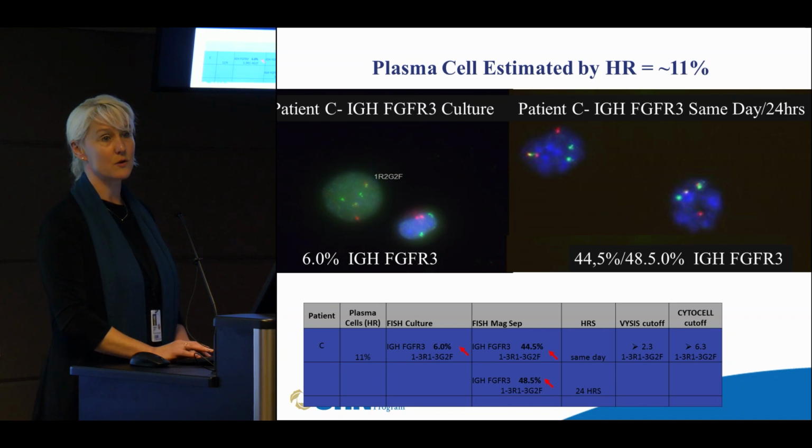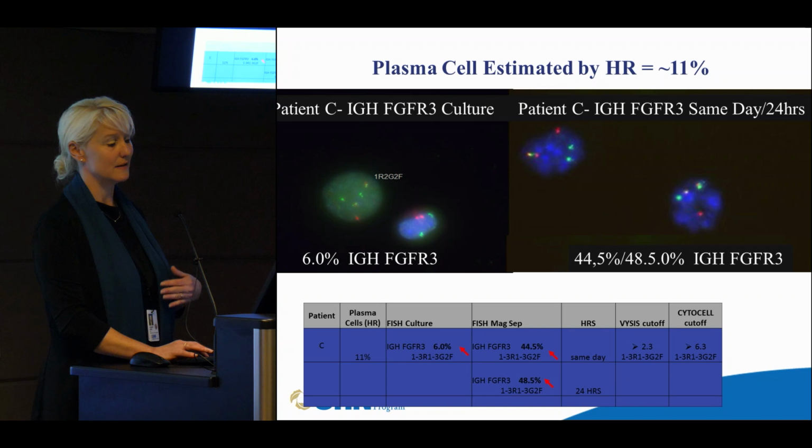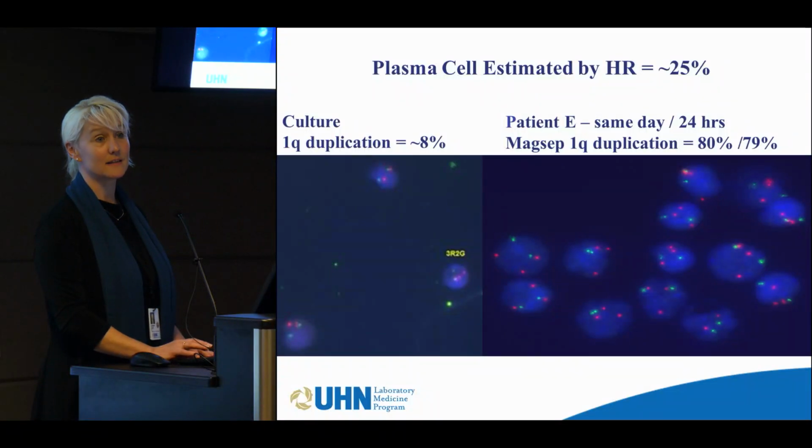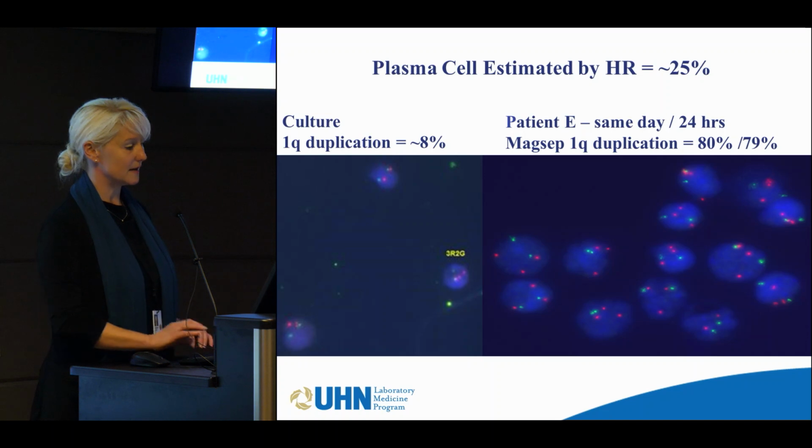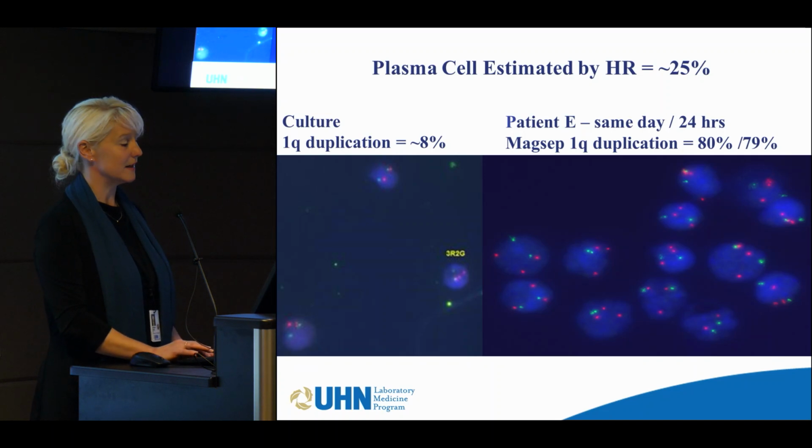However, in the enriched portion, we did find 44.5 on the same day analysis, and actually 48.5 the second day, but the difference is not significant. But again, we're seeing exactly what we expected to see. So the value of this technology is proving itself.